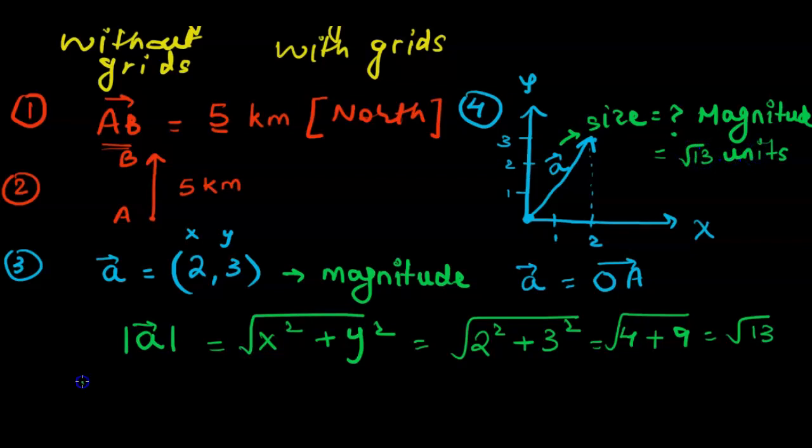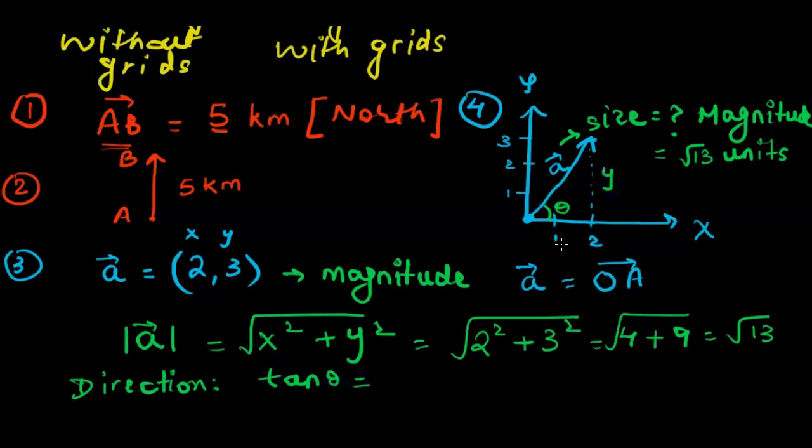Now if we want to write down the direction of this vector, we can even do that. How to write down the direction? As we see here from these coordinates, we are able to get a right angle triangle, and direction is nothing but the angle with respect to the x or the y axis. So if I want to find this direction, all I have to do is just use tan theta.